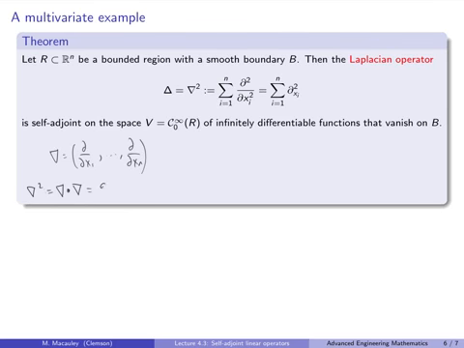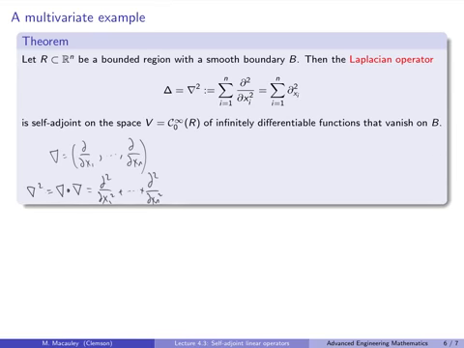Well, what you get is partial squared over partial x1 squared all the way up to partial squared over partial xn squared. And that's exactly what the Laplacian operator is. This is a differential operator.